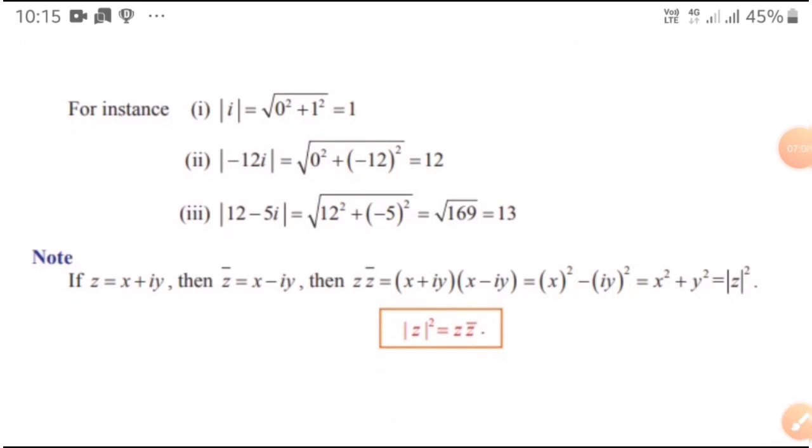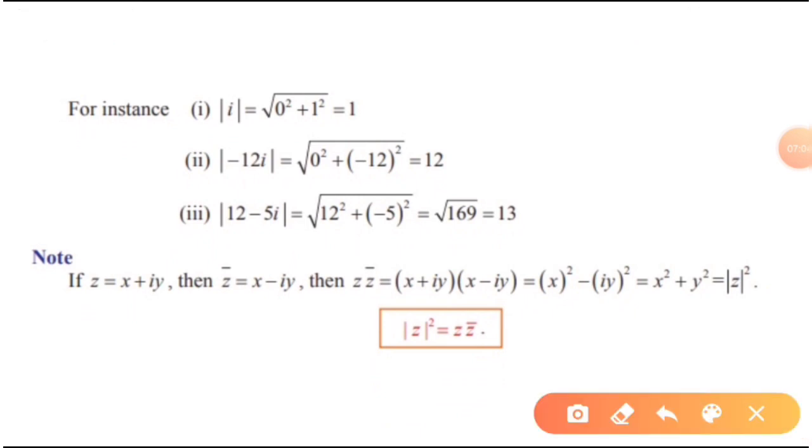Next, note: if z is equal to x plus iy, then z bar is x minus iy. Consider z into z bar, which is of the form (a plus ib)(a minus ib). So a squared plus b squared, or rather a squared minus b squared. What is a? x. What is b? iy, in the whole square.